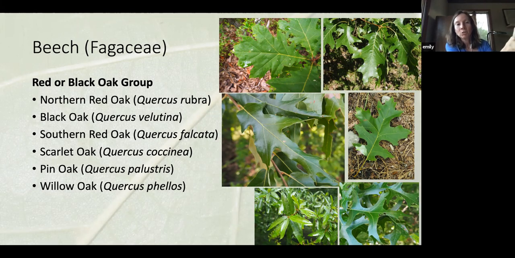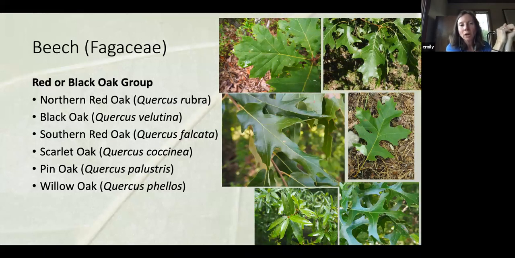That's how you know you've got a scarlet oak. And coccinea means it turns red, so that's why it has that brilliant scarlet red color in the fall. That's really interesting and beautiful to see.